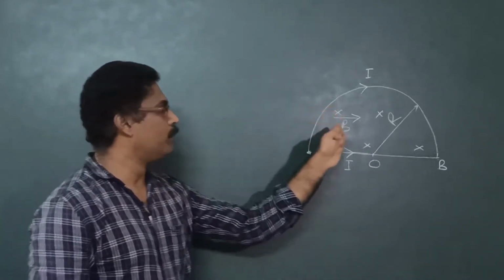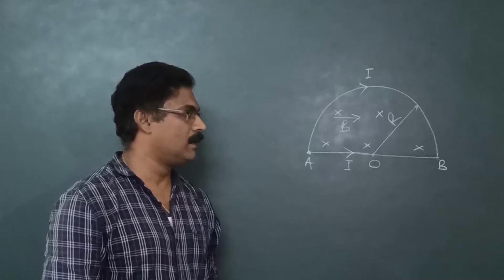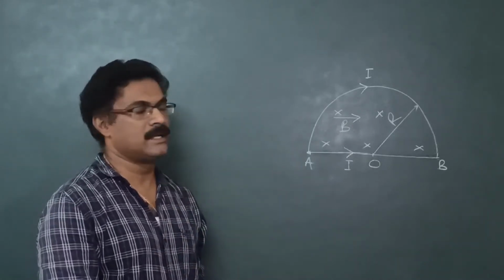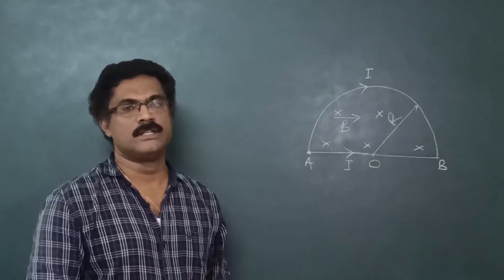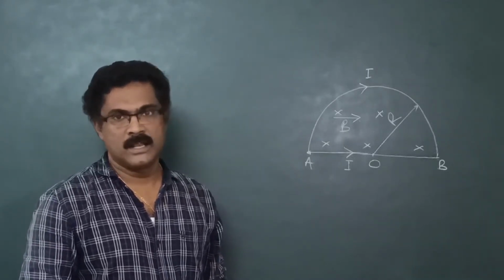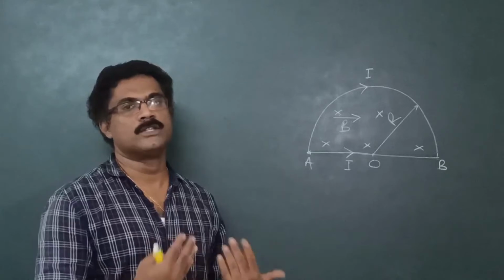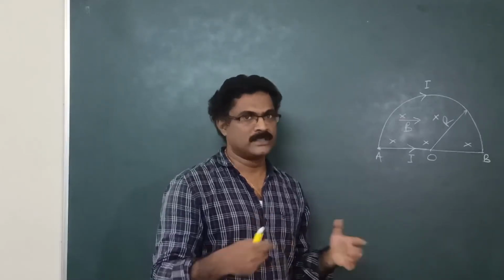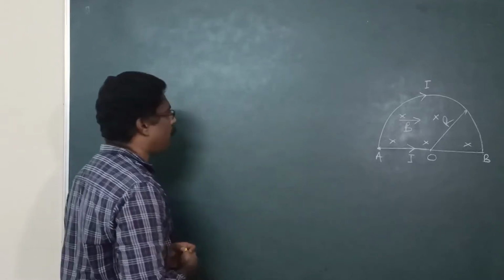This loop is placed in a uniform magnetic field. Since the current is not completing the loop in the same direction, the net force is not 0. Now the question is, how can you solve this question? For that, I can explain some important points.